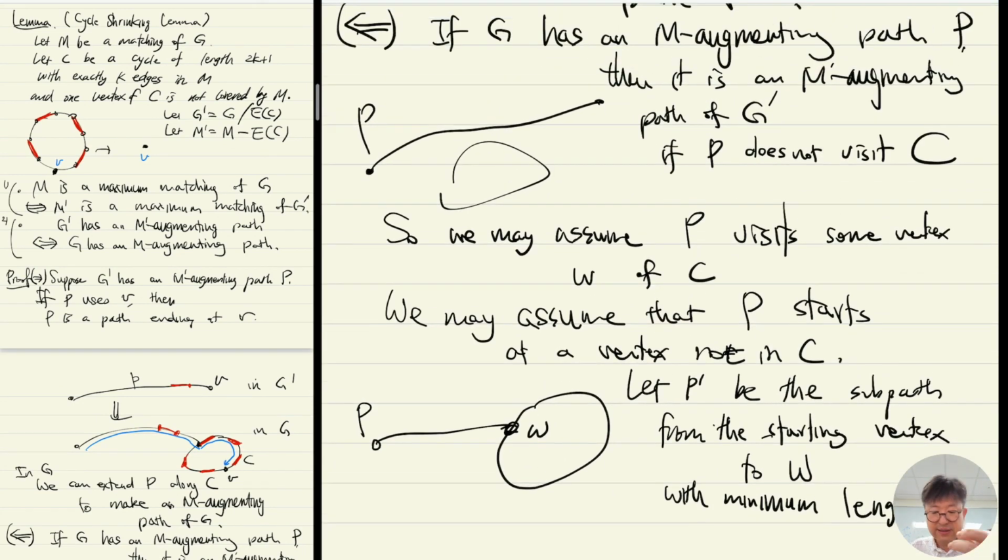So it's the first vertex that you arrive at in C. Now, if W is equal to V, then this is an M prime augmenting path of G prime, right?